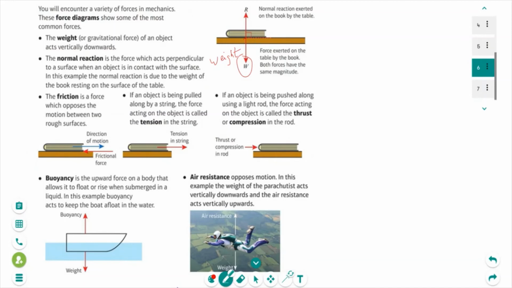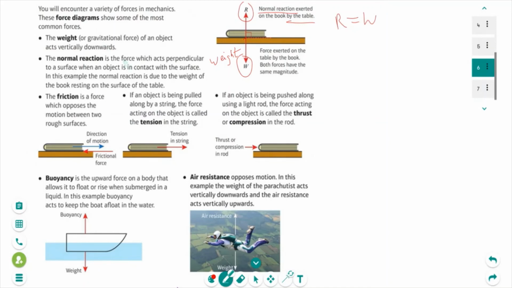That force is called the normal reaction. So it's the force exerted on the book by the table. Okay? So you can see, in this case, R has to be equal to W if the book is just sitting there. So normal reaction is going to be equal to the weight.